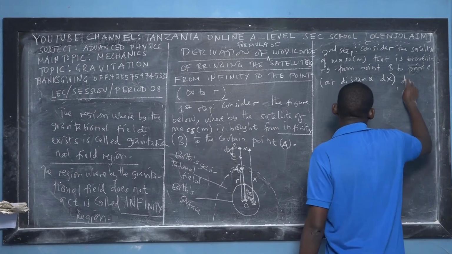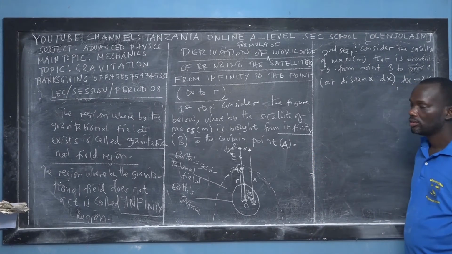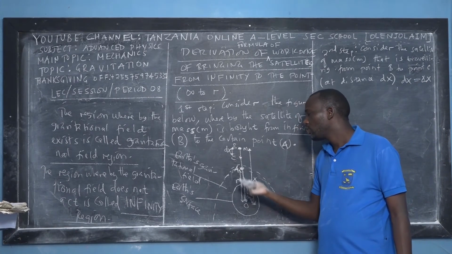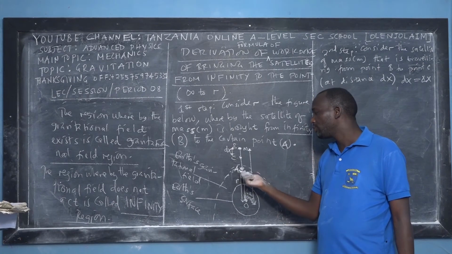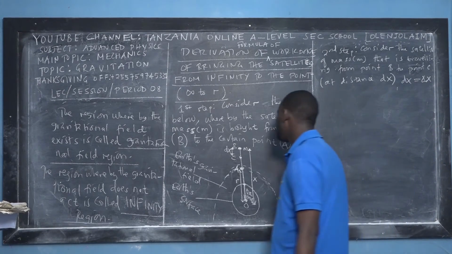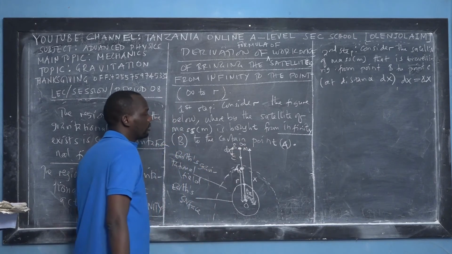Remember that dx is a small change in x. Then we use integration, integrating from infinity to point A. Remember that in physics and mathematics, infinity is written with this symbol.